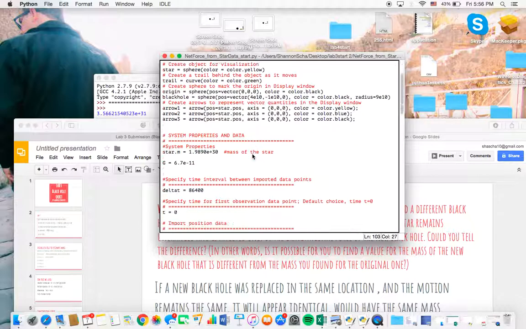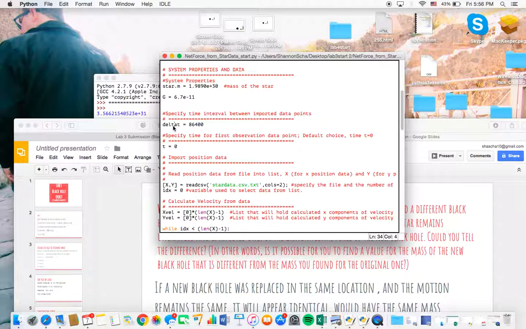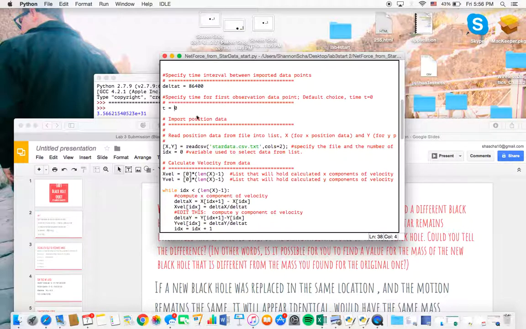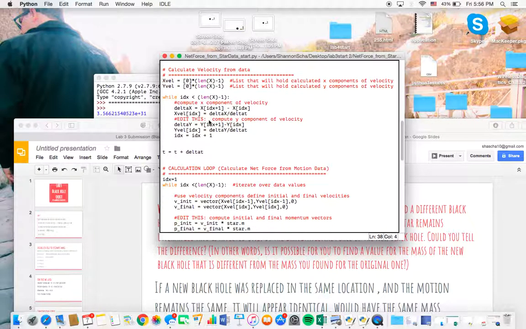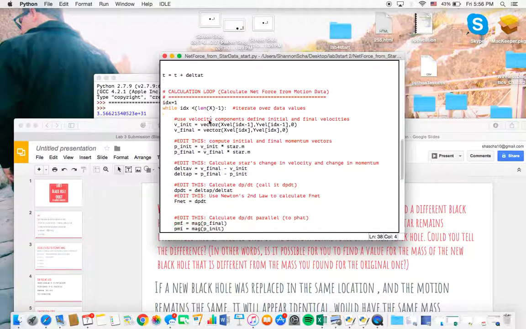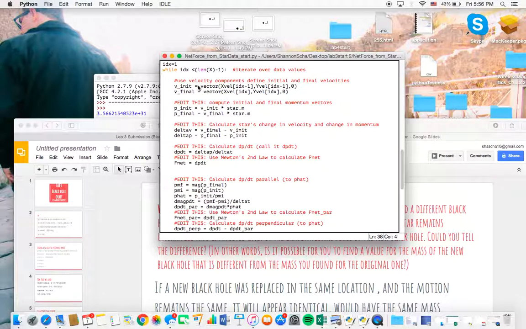We started the code with the initial conditions: the star's mass that we already said before, G, and delta t, which was given to us, and we start the time at 0. We get the positions from the CSV file, and with the different positions, we do a while loop to calculate the initial velocity and the final velocity.